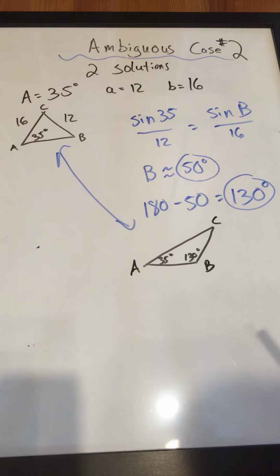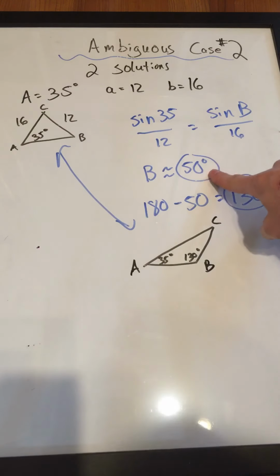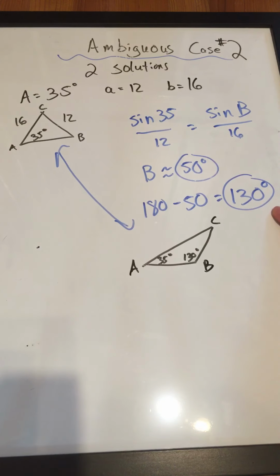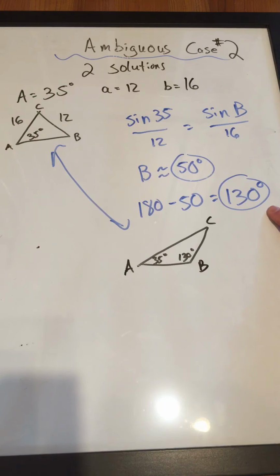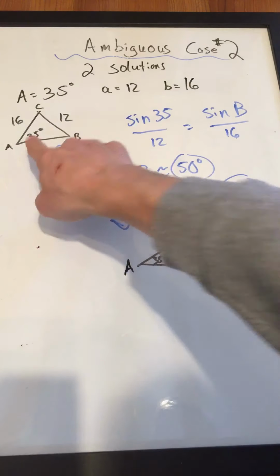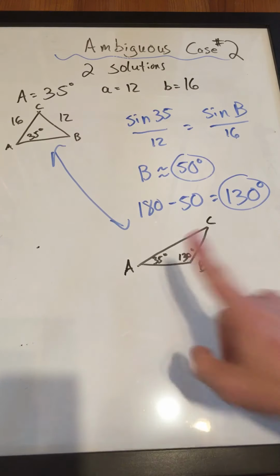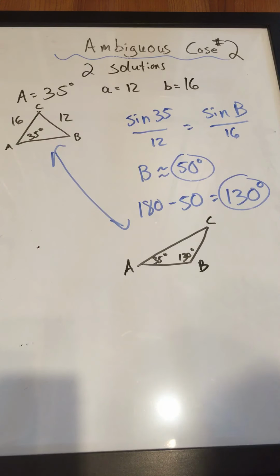Again, why are we getting two solutions? When I solve for angle B, I got 50 degrees or 130 degrees. I cannot rule out either one of these angle measurements because they both fit inside the triangle. And when I say fit, I mean if I add it up to the other angle, it's still under 180 degrees. It fits inside the angle requirements. 130 also fits with my angle requirements.